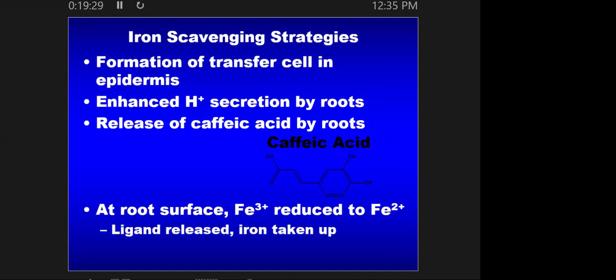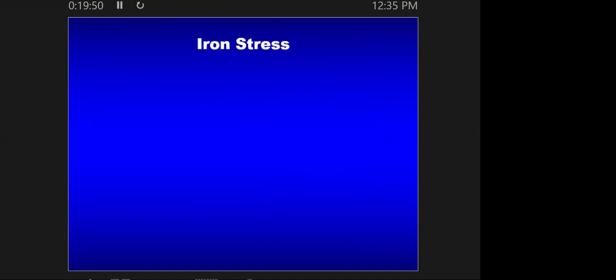And so usually the chelated form of iron gets released from the chelating agent, whatever that is, and then they can take it up. So there are some strategies that have evolved through this process of having that iron in a less available form. And so there are strategies that have evolved.